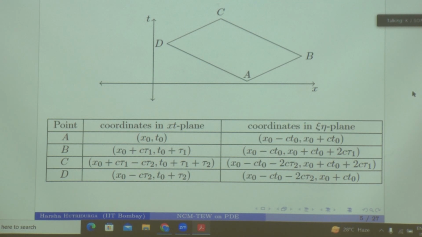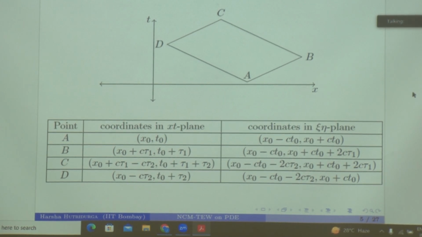So you got x, you got t. Maybe I have made a mistake with the slopes here. Yes, it looks like that.